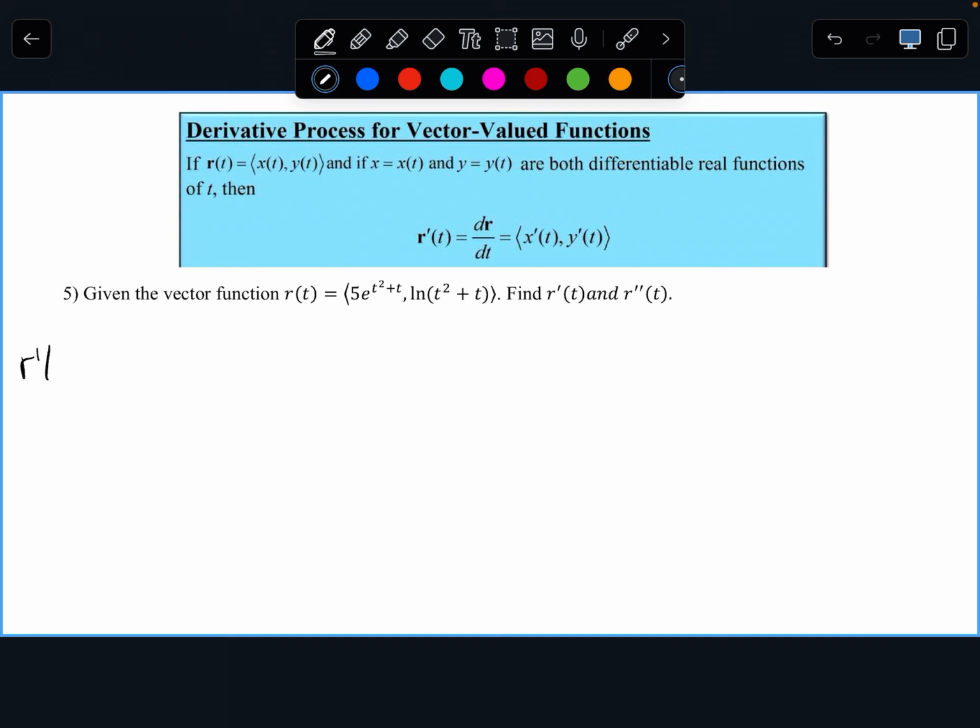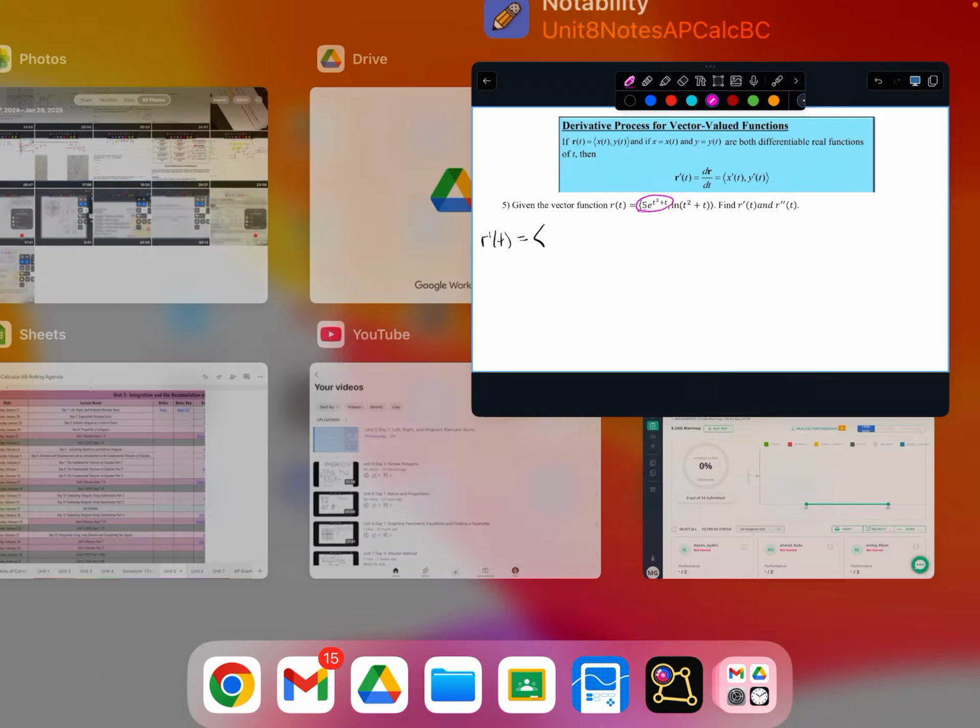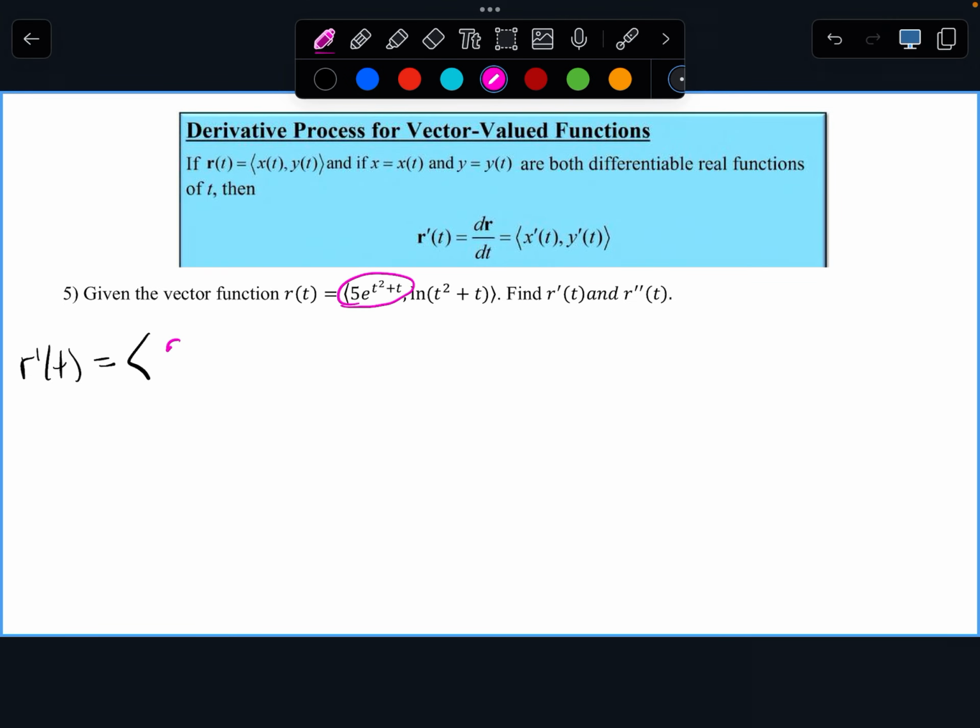So to find r prime of t, you do a little bracket thing, and then you're just going to do the derivative of this. So, some cute chain rule on there. It's going to be 5, and then I'm going to put the chain out front.